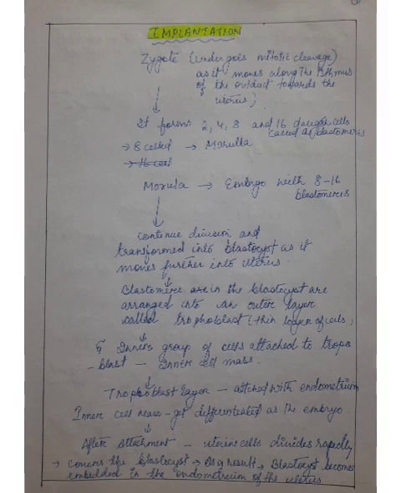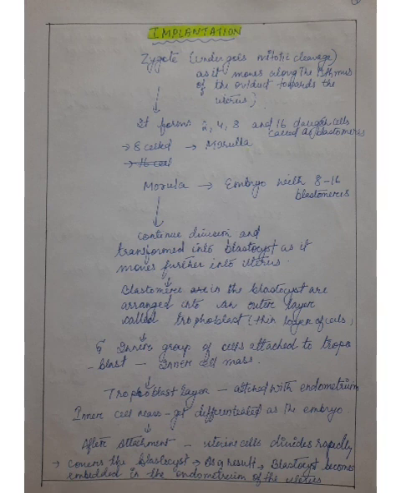I have already told you what a blastocyst is, so refer to my previous video. As it moves further into the uterus, the blastomeres in the blastocyst are arranged into an outer layer, called the trophoblast. What is the trophoblast? It is a thin layer of cells.